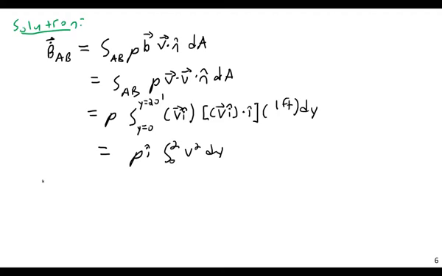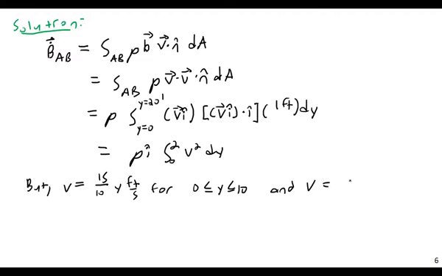However, I need to note that the v is not constant. V equals 15 over 10 y feet per second for y between 0 and 10, and v equals 15 feet per second for y greater than or equal to 10 feet.